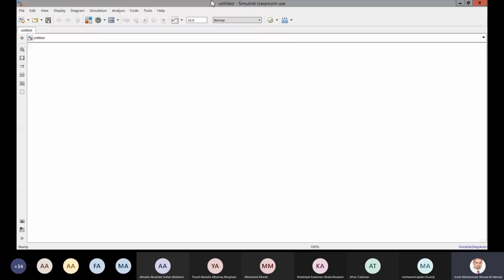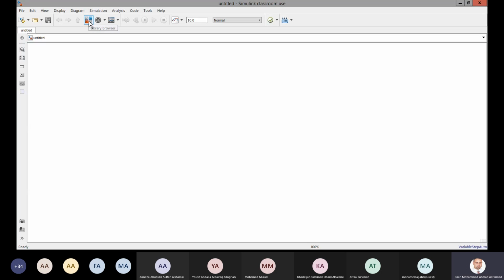And this is your Simulink screen. This is your space. Here you provide, or you need to see the blocks and add the blocks together, tie them with the lines, tie them with the arrows, and have the result. So this is your Simulink basic screen.